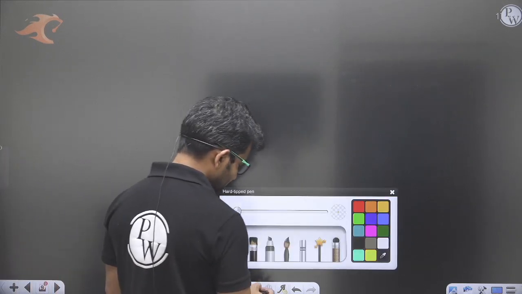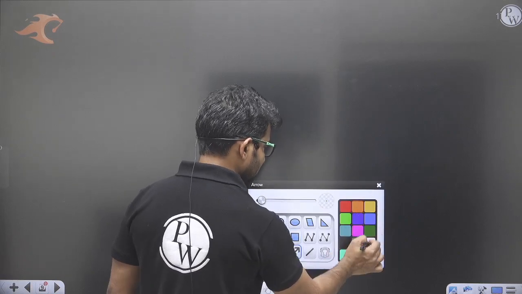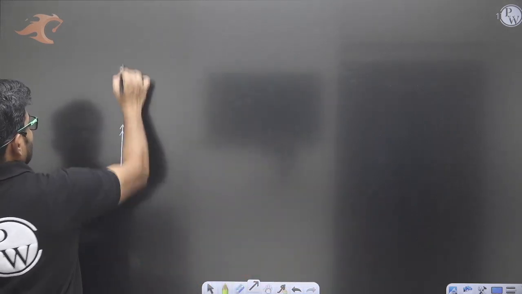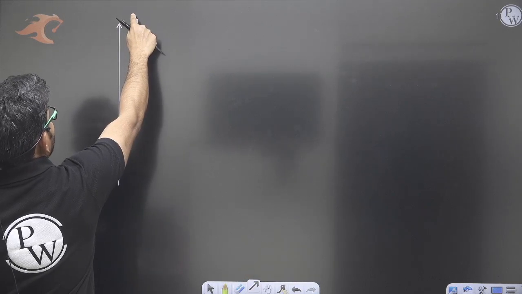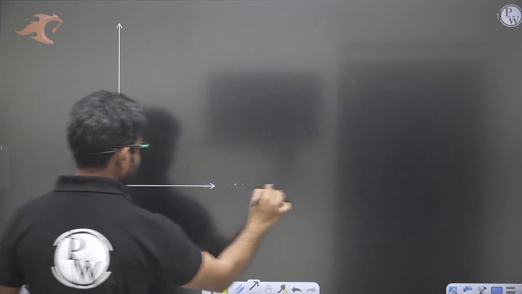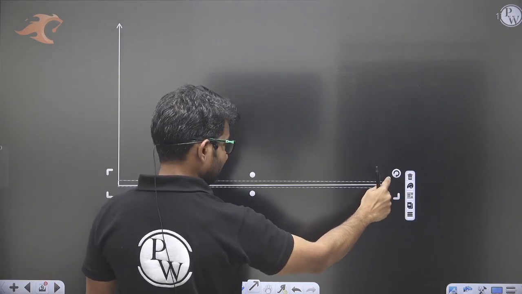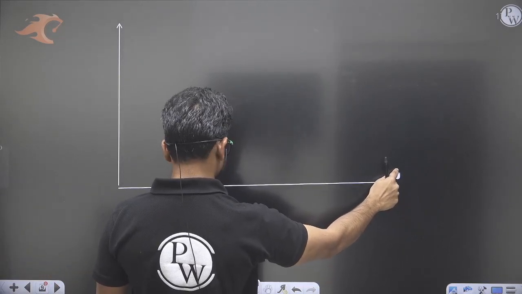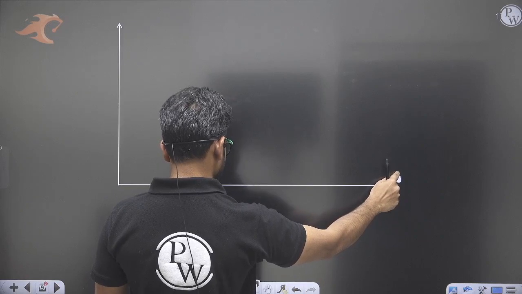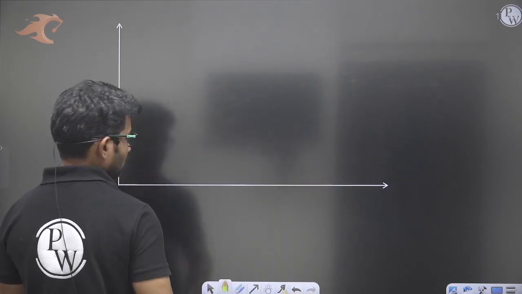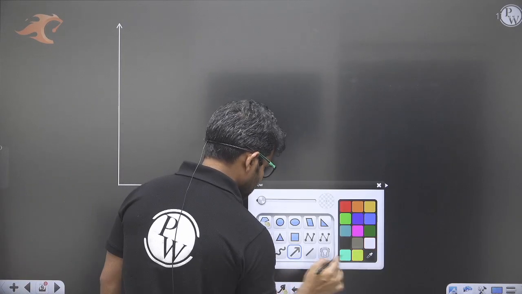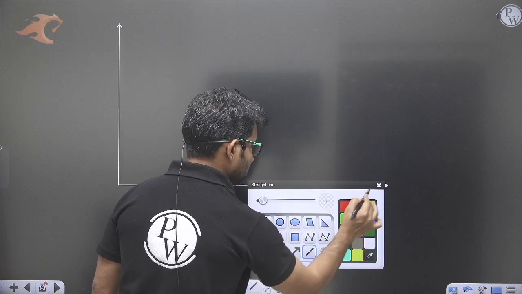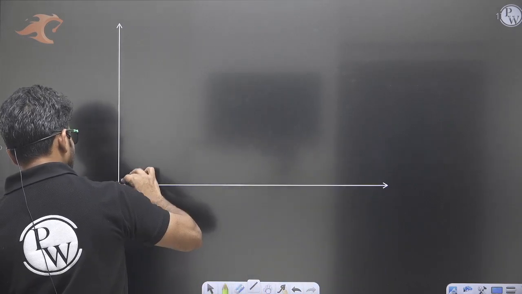Now if we see the graph of creep deformation, it will be something like this. Let us see how we will get the graph of creep deformation. Let us say I have applied a gradually applied load.